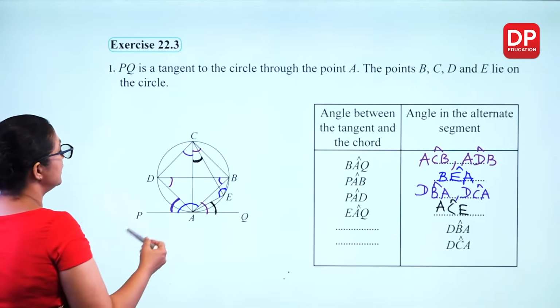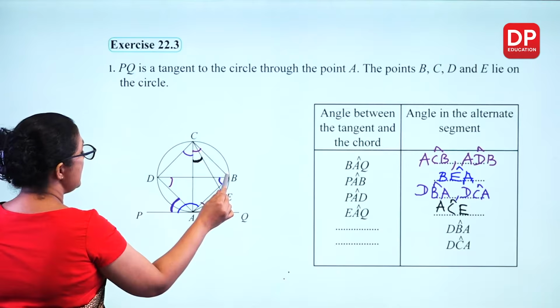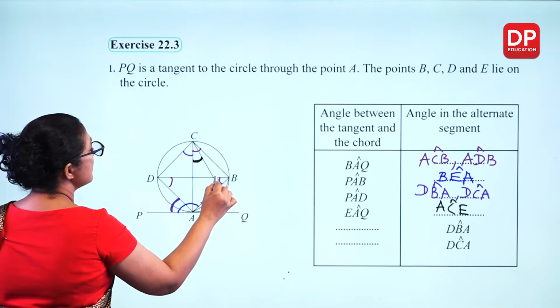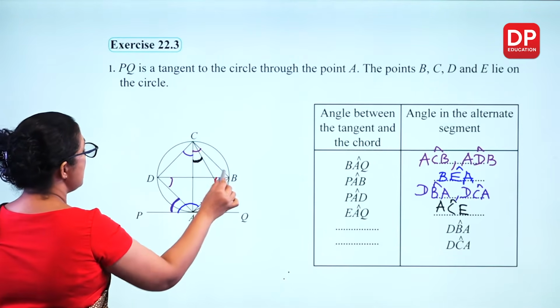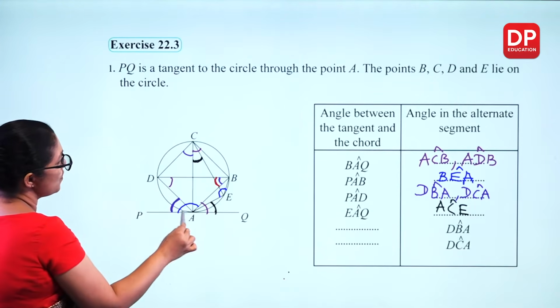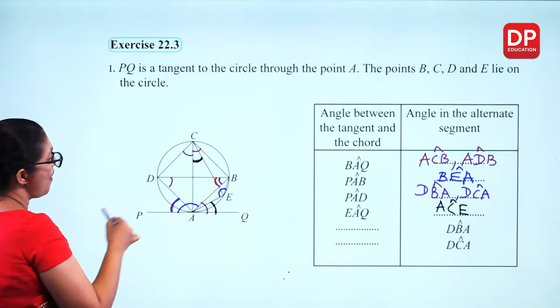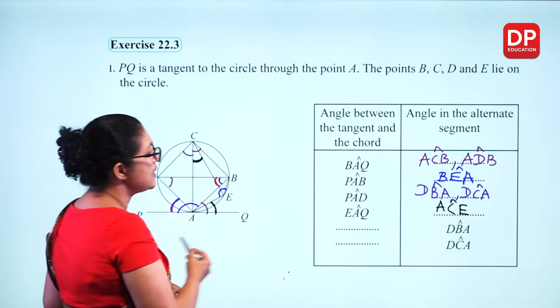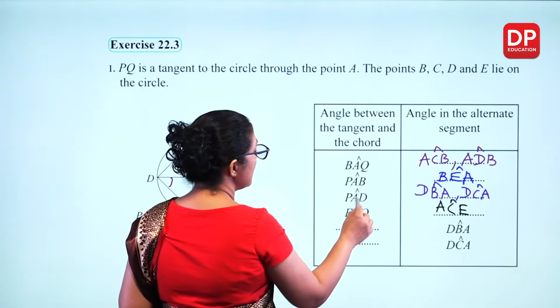DBA. DBA, this angle. DBA is same as this one. We did that before, PAD.